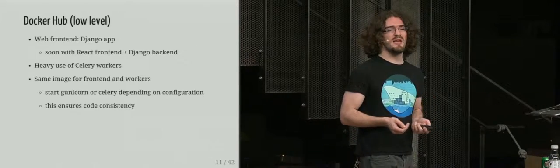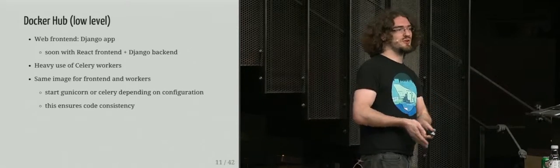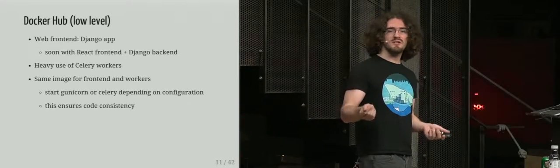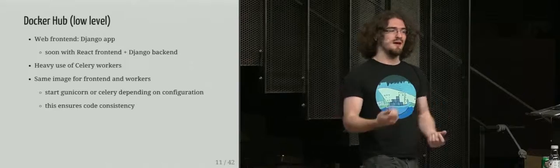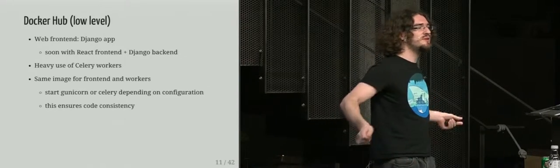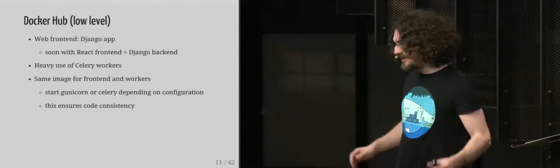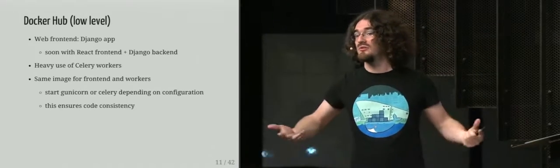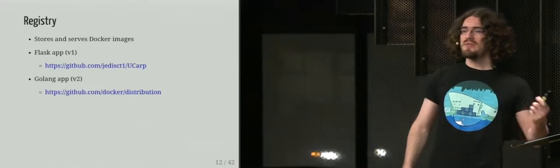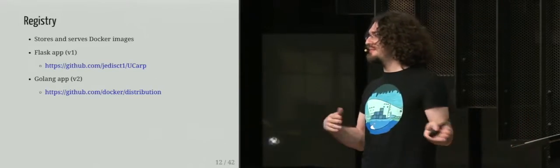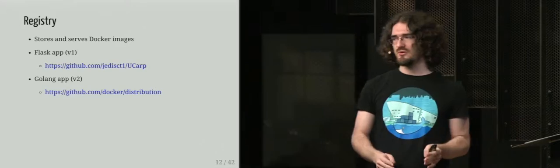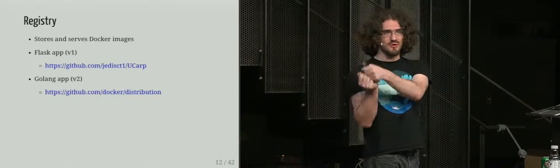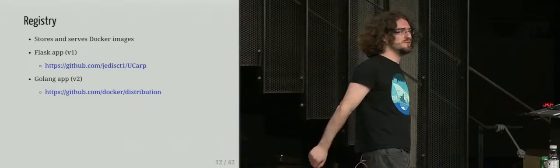So what we do is that we actually deploy the same code for the Django front ends and the Celery workers in the background, and we just have a switch so that the same image can flip its behavior between "I'm going to start Gunicorn and serve HTTP requests" and "I'm going to start the Celery worker and pull jobs from the queue and do the job," basically. This is to make sure that we have exactly the same code and that we don't have mismatches between the code that the front end is queuing to the workers and the code that actually gets executed by the workers.